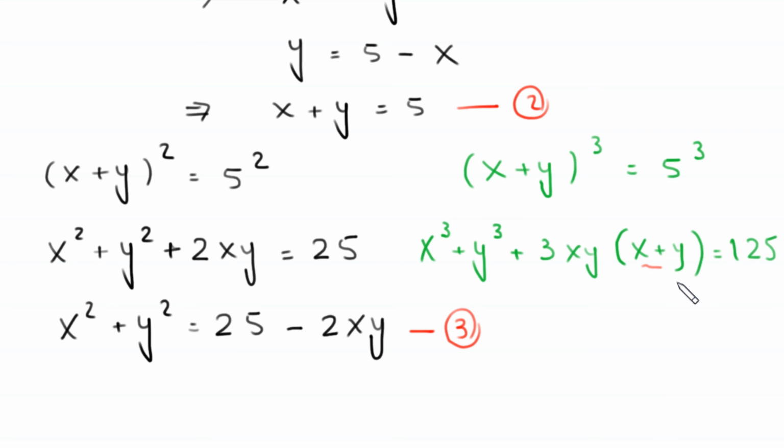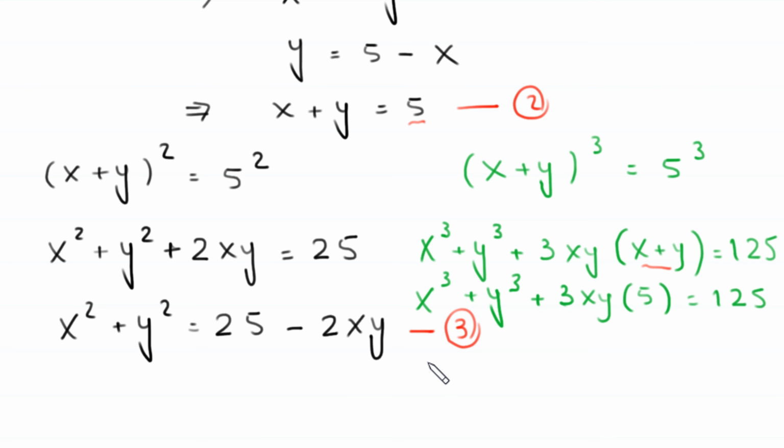Replace this x plus y with this 5 from equation 2. So this will become x cubed plus y cubed plus 3 times xy times 5 equal to 125.